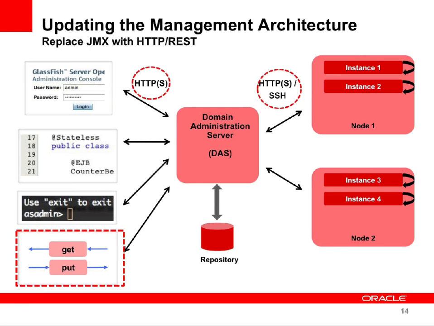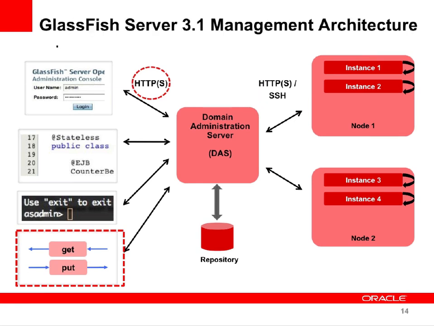So you can write code that actually securely communicates with the domain administration server through a RESTful API. So you can start, stop, configure resources, and so on, all using a RESTful API. That's something new to GlassFish Server 3.1. In terms of clustering.